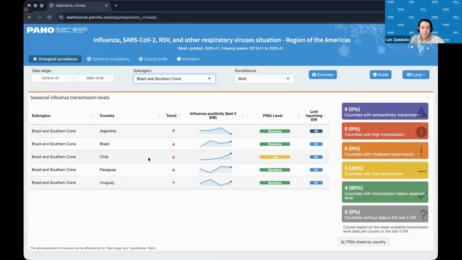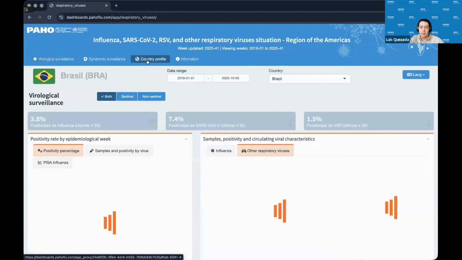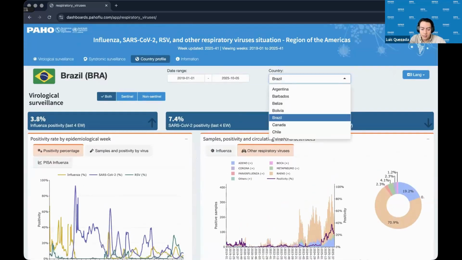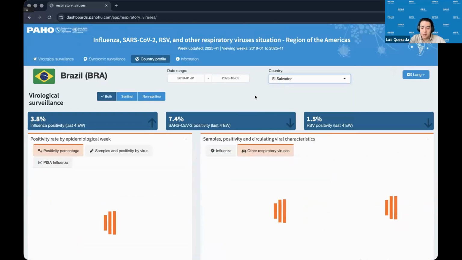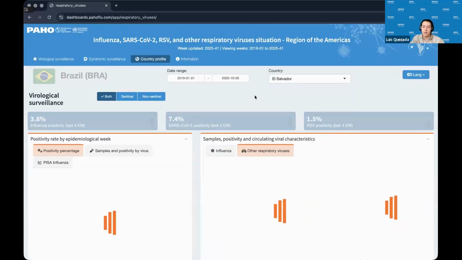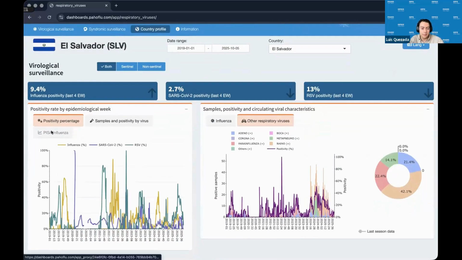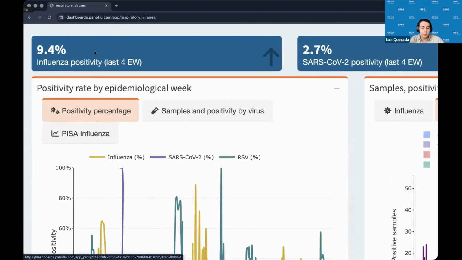For example, we could find countries like El Salvador and Chile. And remember that in the profile of the country, we have a possibility to consult the PISA chart individually. So in this section, for example, I could search for El Salvador. This was one of the countries that we located in the chart as ascending, with levels that were higher than basal.